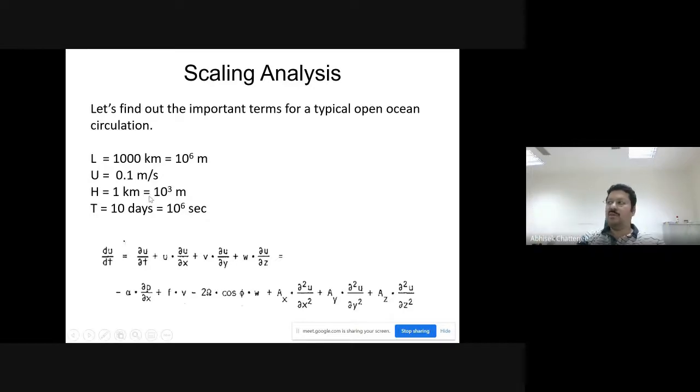For our easy calculations we can keep 1 kilometer, but otherwise you have to deal with other numbers, and it becomes difficult. A typical time scale for a motion is 10 days or 2 weeks. We are not looking at anything very high frequency, changing very rapidly. Those kinds of things we are not discussing here. So it is about 10 days.